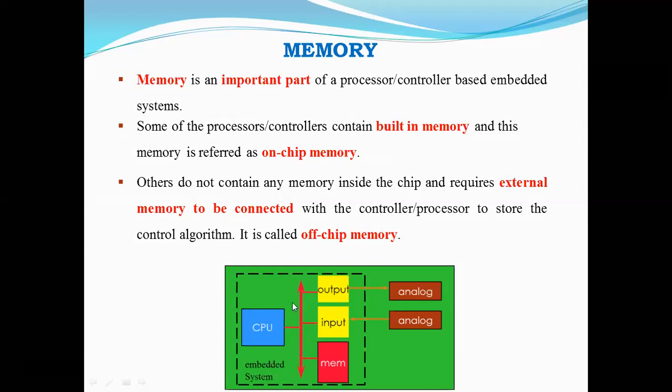You have a CPU which contains the ALU and the control unit, and also some IO ports which are required for the embedded system. They are all built on a single chip, right? In that case, we call it on-chip memory. If the memory is not built onto a single IC and is external, then we call it off-chip memory, right?